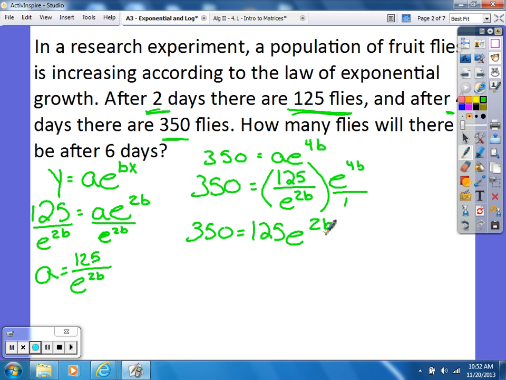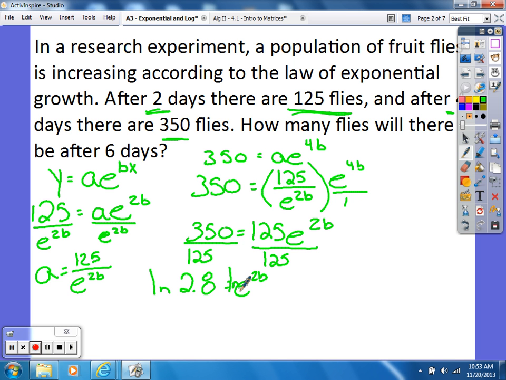Now we're going to solve that for B by dividing by 125. And 350 divided by 125 is, what is it? 2.8 equals e to the 2B. I'm going to take the natural log of both sides.